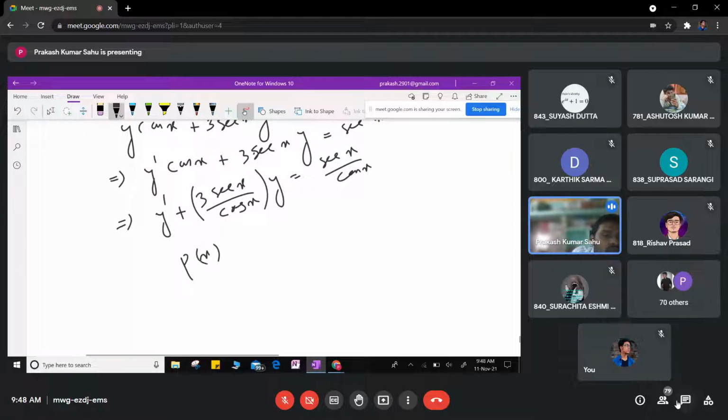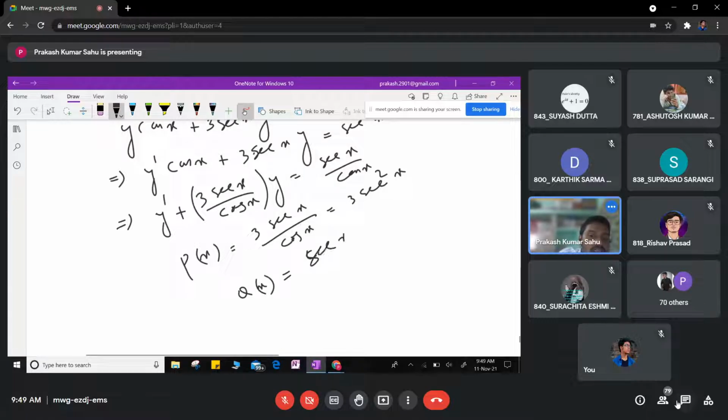Your P(x) is equal to 3 sec x divided by cos x, and this is nothing but 3 sec square x, and your Q(x) is sec x by cos x. This is nothing but sec square x.